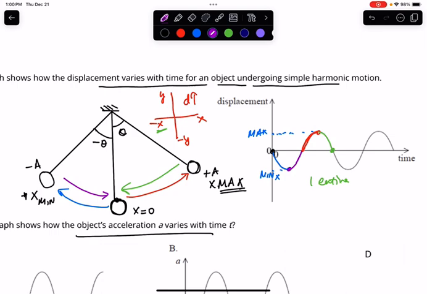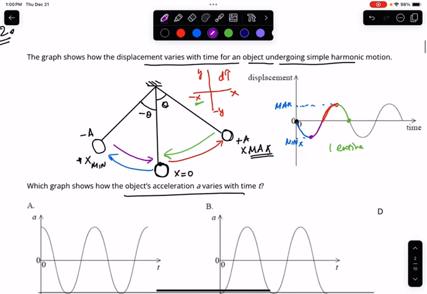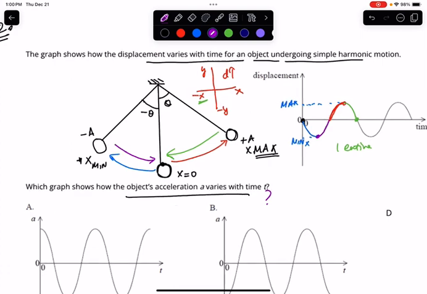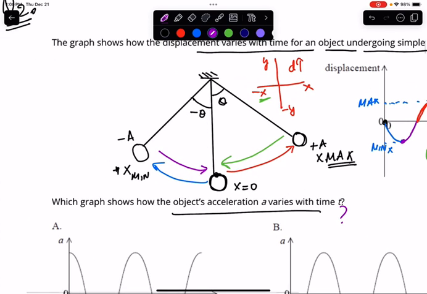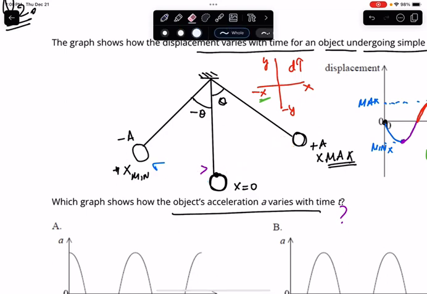Okay, now we want to see which graph shows the object's acceleration with time t. As we have seen, the object is going to start off at the equilibrium. That's how the motion is happening, right? Because you start off at equilibrium, we have seen that the acceleration is 0.